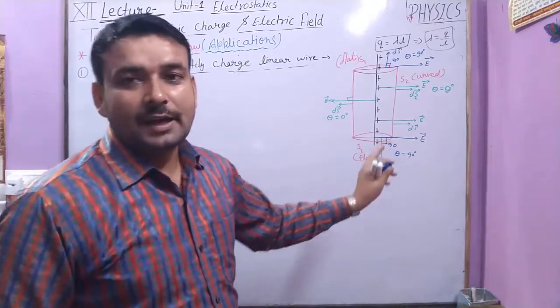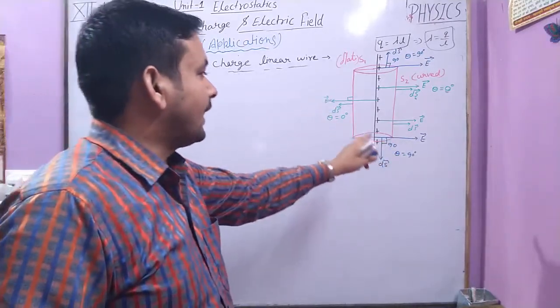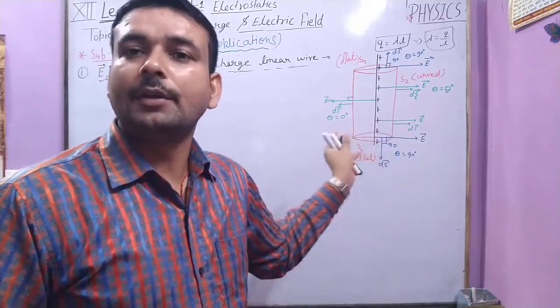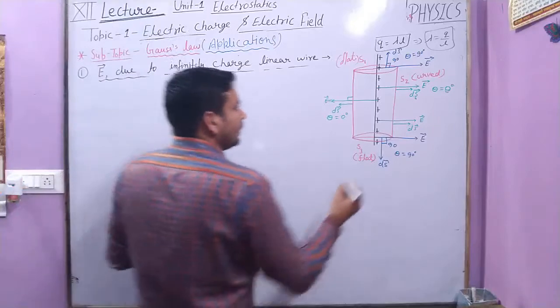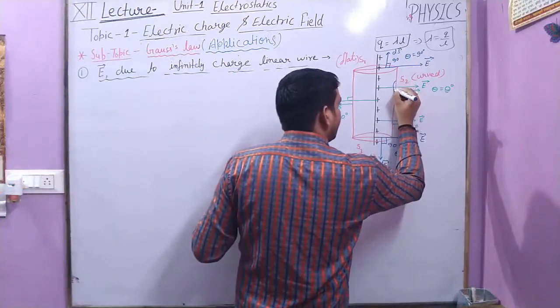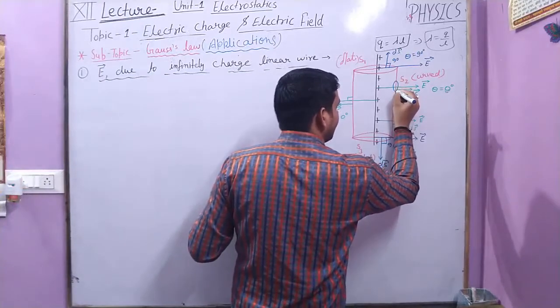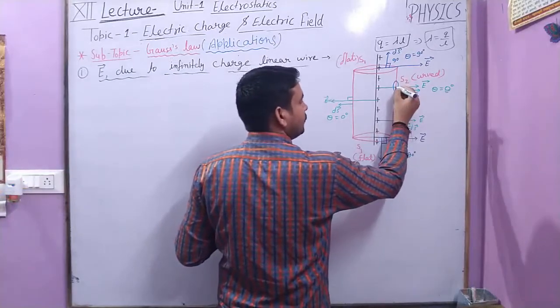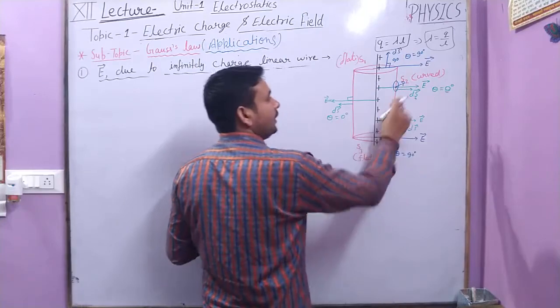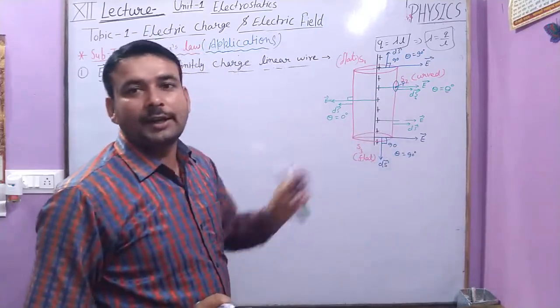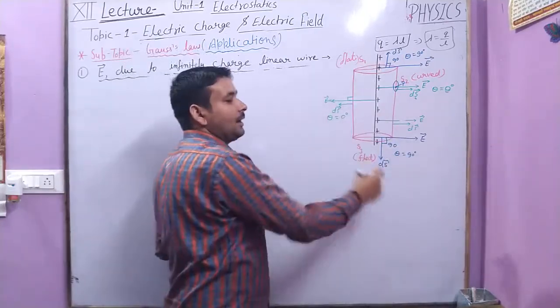So these are the specifications about the electric field, which you observe in the same direction at the same distance. Now we consider surface S2. Here is a point P, which is the point where we need to calculate the electric field due to this line wire.